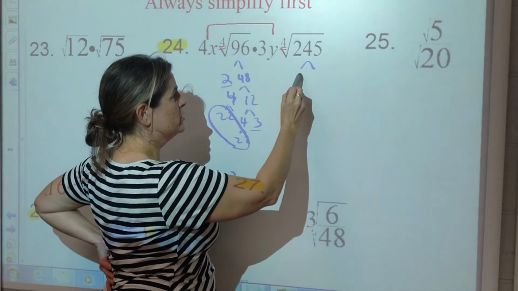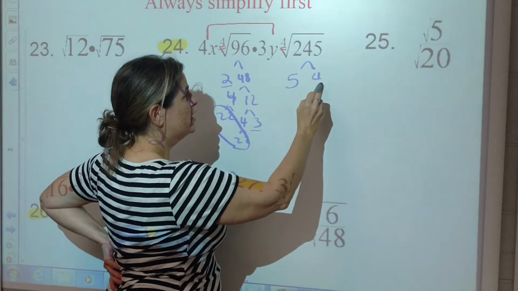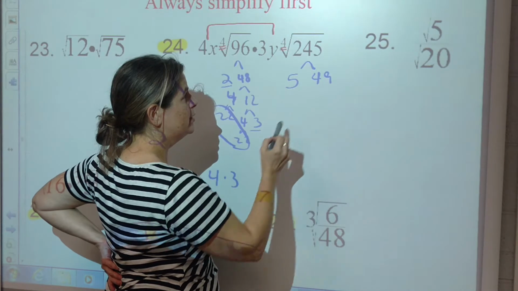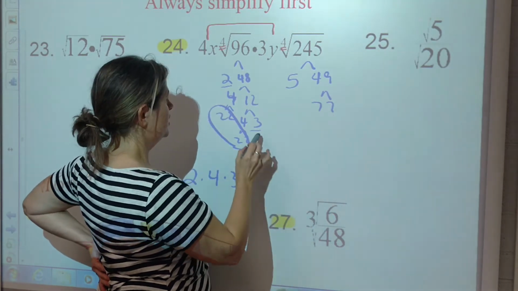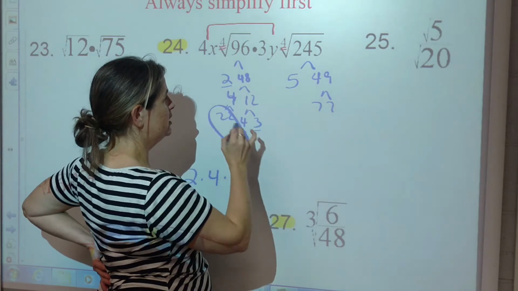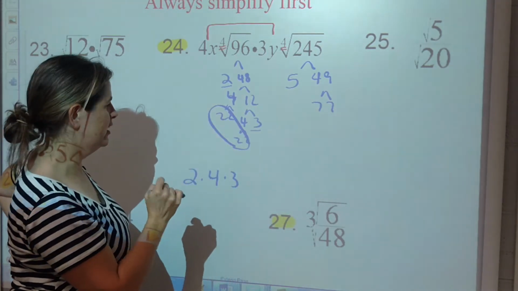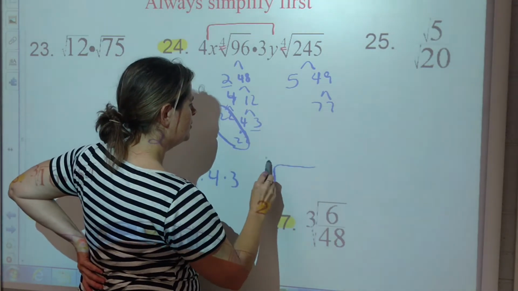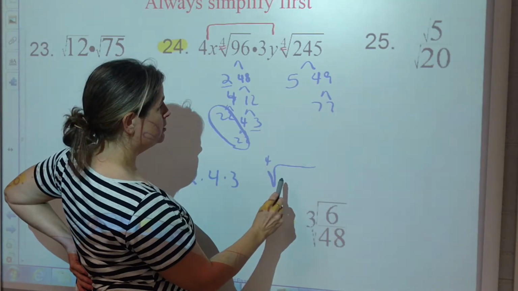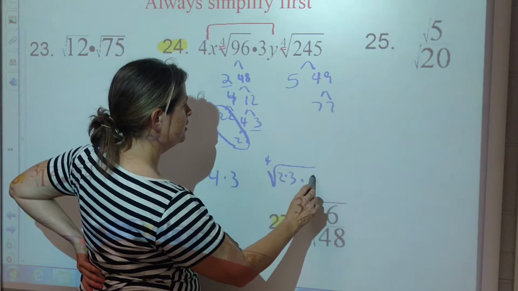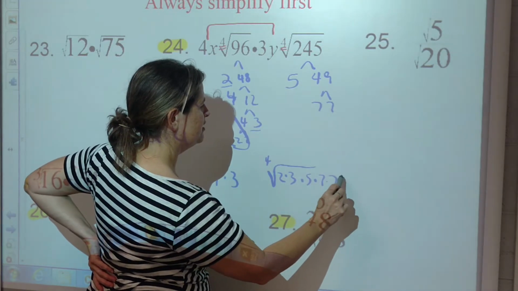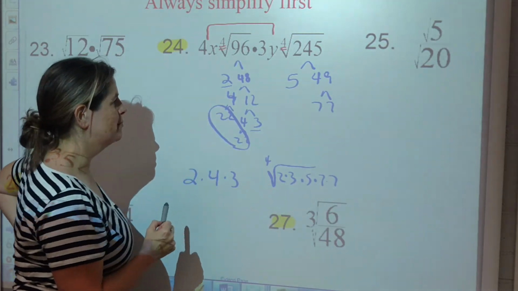Let's go factor this one. 5 goes into that 49 times. 7 and 7, so that's not going to do anything. And even between these, I can't make a set of 4 anythings. So inside my fourth power, I'm going to leave a 2, a 3, a 5, 7, and a 7. You could go ahead and be multiplying some of that back if you'd like.